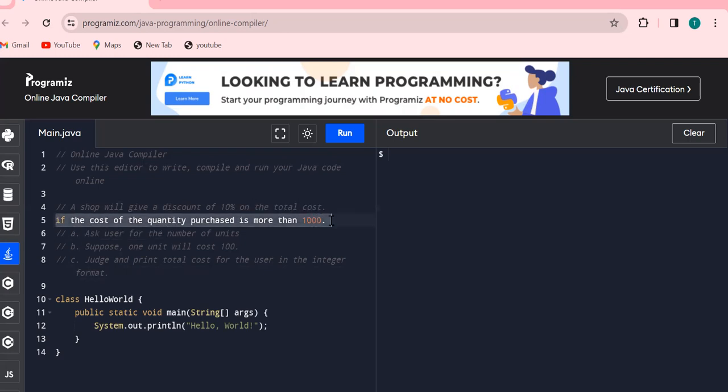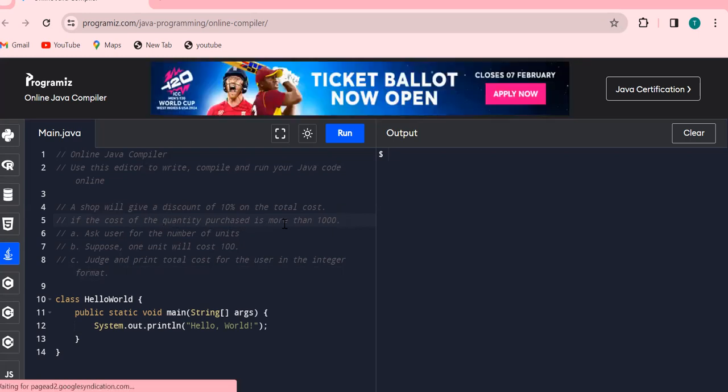If the cost of the quantity purchased is more than 1,000, then the shopkeeper will give a 10% discount. Like if the cost is more than 1,000, then the user will get 10% discount. So these are the instructions we have to follow while writing the code.